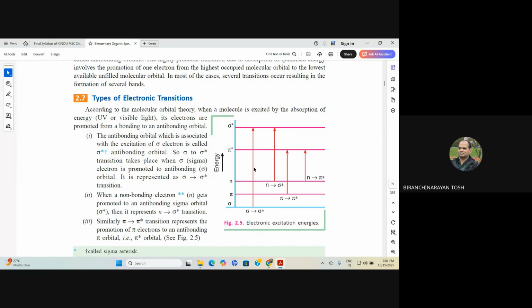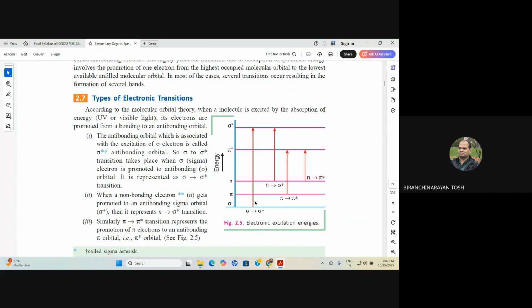Now that means a molecule which has only sigma bonds, no pi bond, and no n, that means no lone pair of electrons. You follow? For example, if you take an alkane, only carbon-carbon and carbon-hydrogen sigma bonds are there. So as only sigma bonds are there in an alkane, when an alkane absorbs UV-visible radiation, what type of transition will occur?